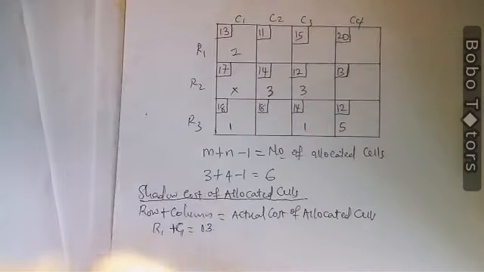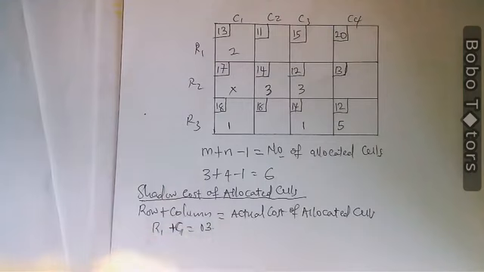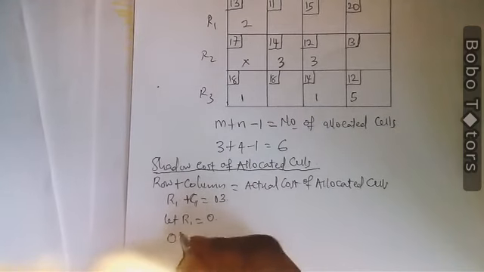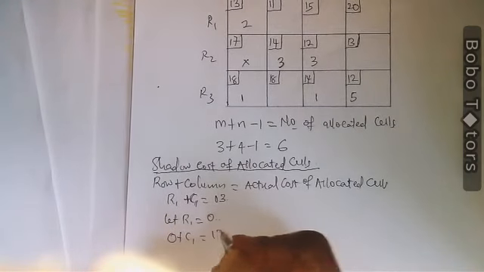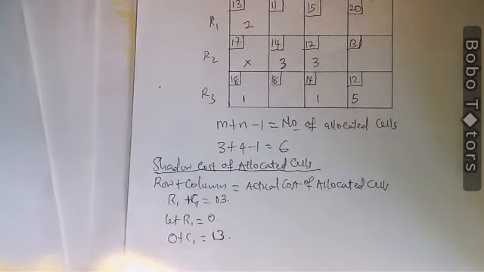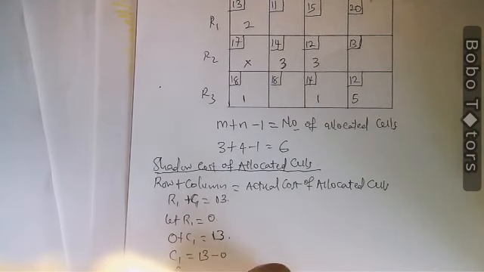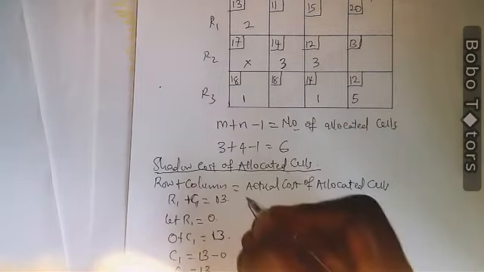So row 1 plus column 1 will give you 13. So you always let your row 1 be equals to 0. So 0 plus column 1 will be equals to 13. Hence your column 1 will be equals to 13 minus 0. Column 1 will be equals to 13.